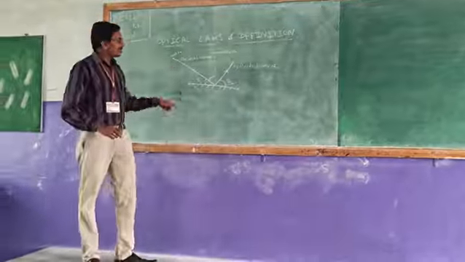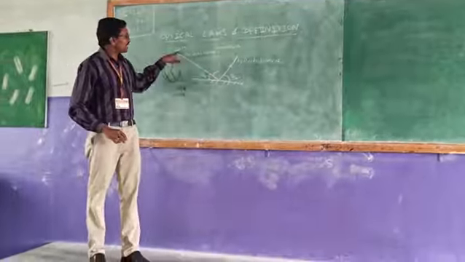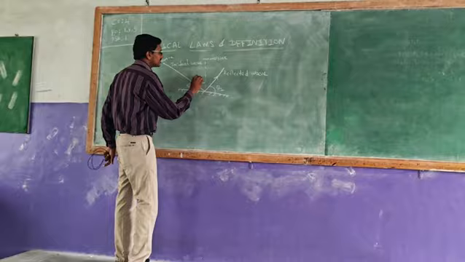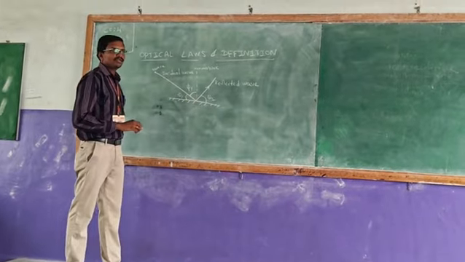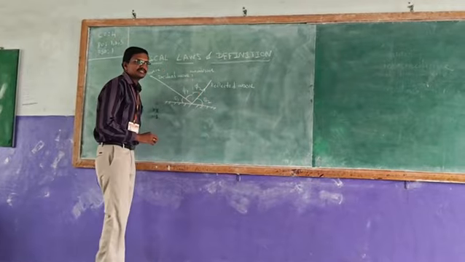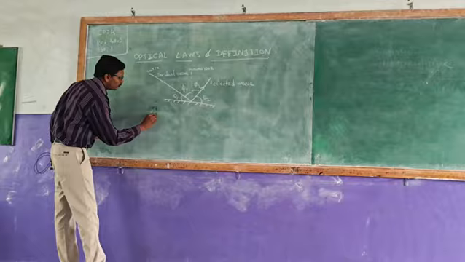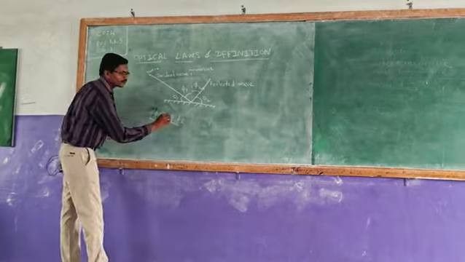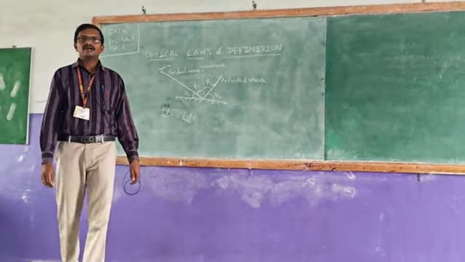The angle from the incident wave to the normal line is called pi 1. The angle from the normal line to the reflected wave is called pi 2. The angle pi 1 equals the angle pi 2. That is called reflection. Understand?